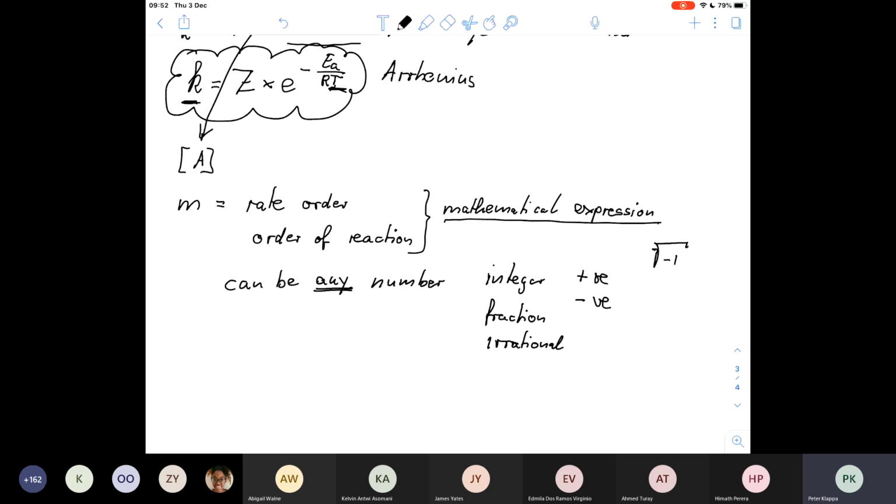That would give you an imaginary number. If m can be an imaginary number, I don't know. I don't know what it actually means, but it's certainly an interesting concept. But m can be any number, as I said.